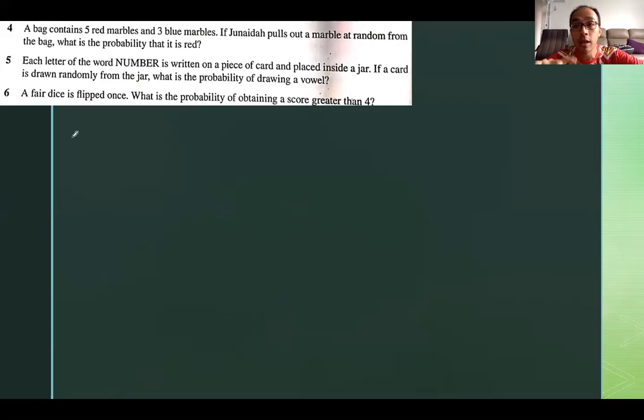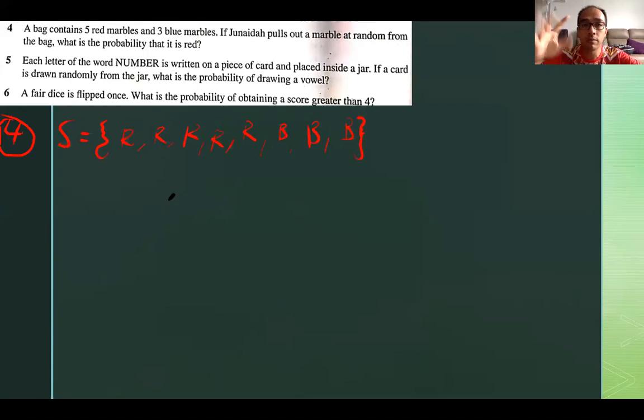So the long version of this: if you look at our sample space, since you only want to take one marble, you can get 5 red and 3 blue. Since there are 5 red and 3 blue, everything is in the sample space.